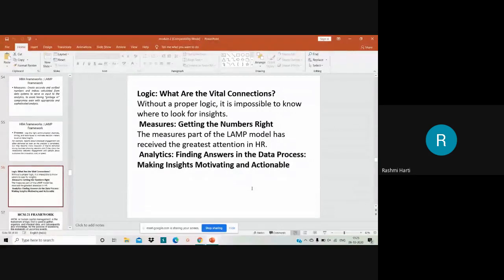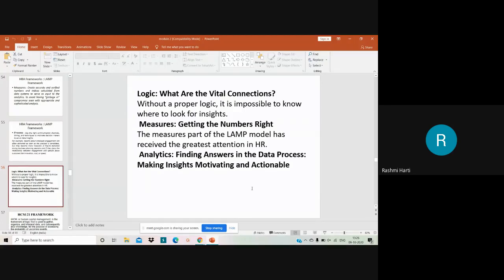Whatever you have analyzed should be reliable and valid. The measures part of the LAMP model has received the greatest attention in HR. Once you measure everything and the data is available with you, whenever required you can put it into your decision making.